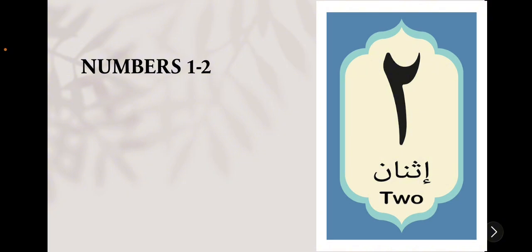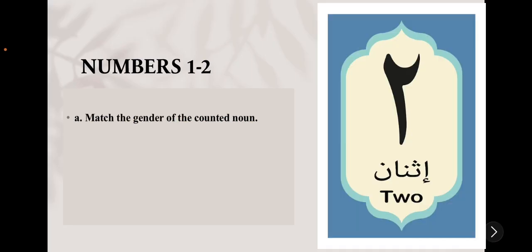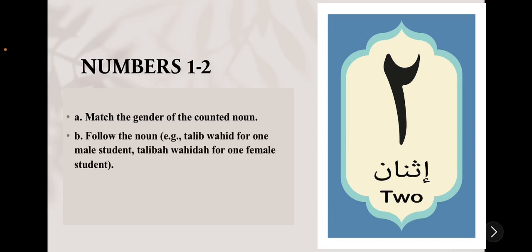Now, let's look at numbers 1 and 2. There are 3 basic rules that must be mastered here. 1, you have to know that adad and ma'dud must agree in gender. They must match in gender, in the sense that when you have a masculine noun, your number must also be masculine. A feminine noun, your number must also be feminine.